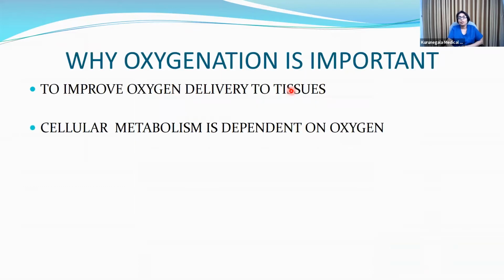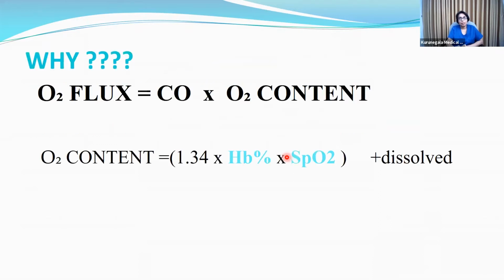Why is oxygenation so important? That is to improve oxygen delivery to tissue. And cellular metabolism is dependent on oxygen. Oxygen flux, that means the amount of oxygen delivered to tissues, depends on two things.